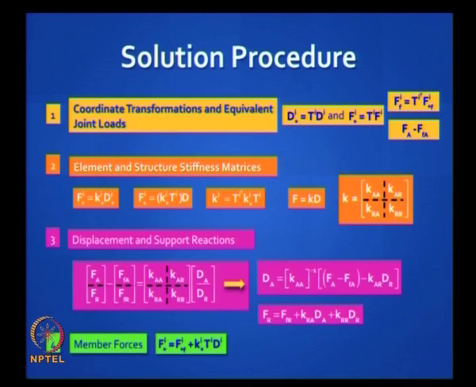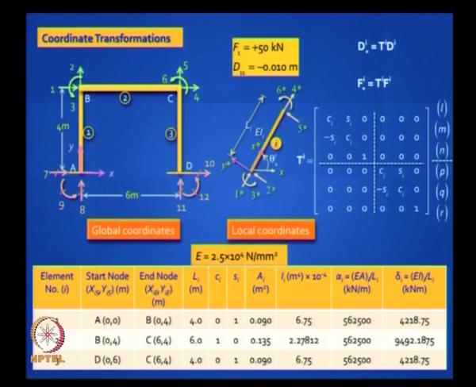The procedure is exactly the same as we did earlier, except that we need to make modifications for the internal hinge. So if you recall, in this slide we looked at the 6 global coordinates and the 6 restraint coordinates. I am just reproducing a slide which we covered in the last lecture, but there are going to be changes now. The changes are, firstly you have the internal hinge.